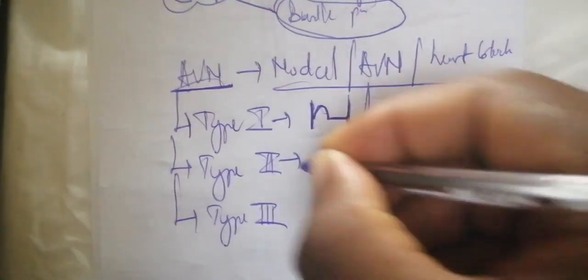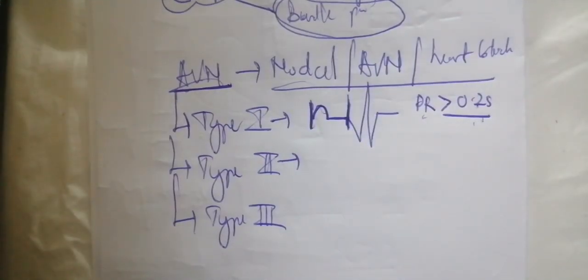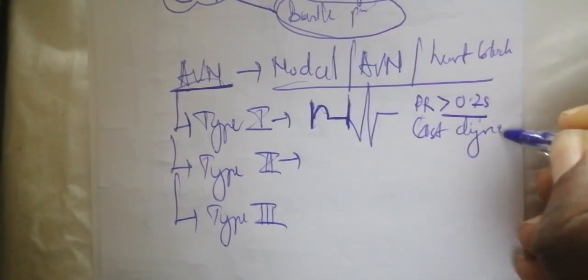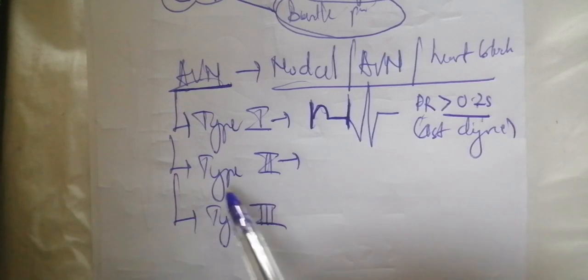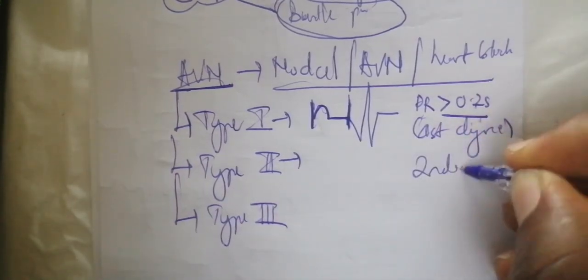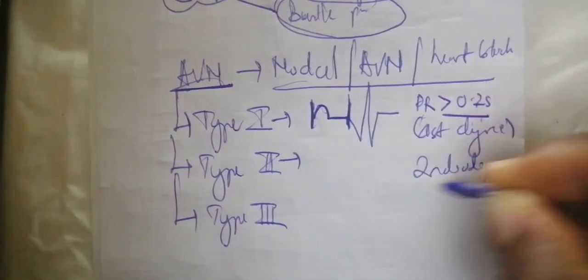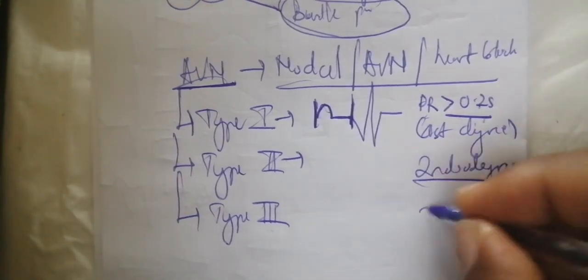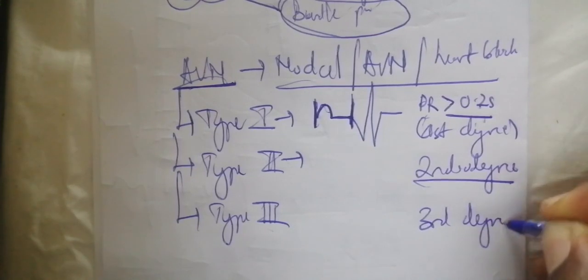You can say type 1 heart block or first degree heart block. You have type 2 heart block or second degree heart block, which is more majorly called as such, and we have type 3 heart block or third degree heart block.